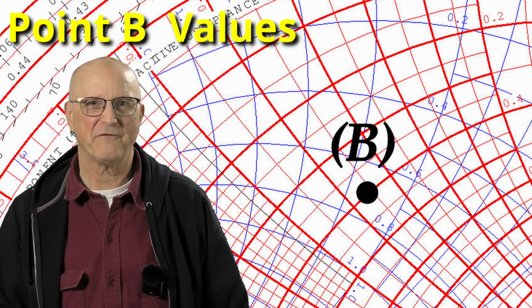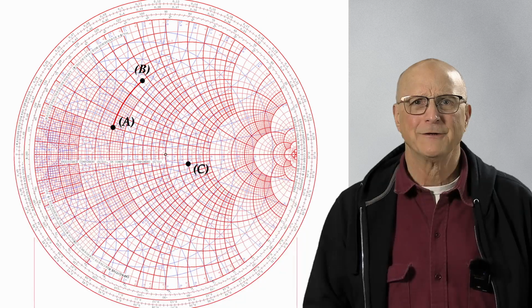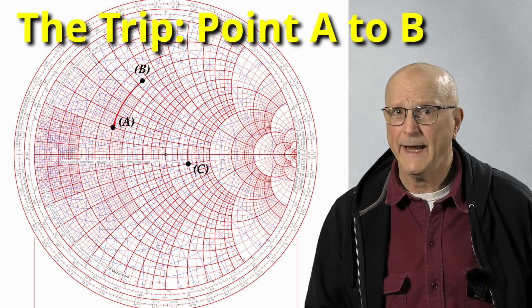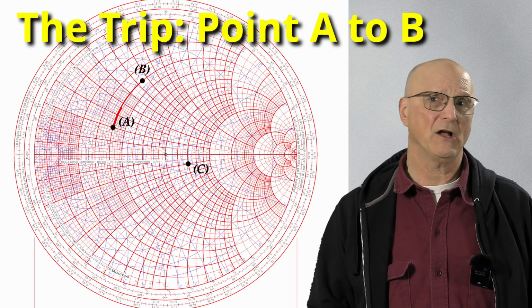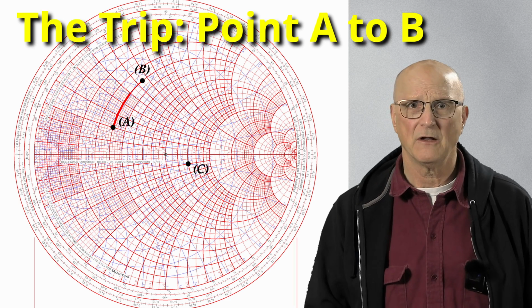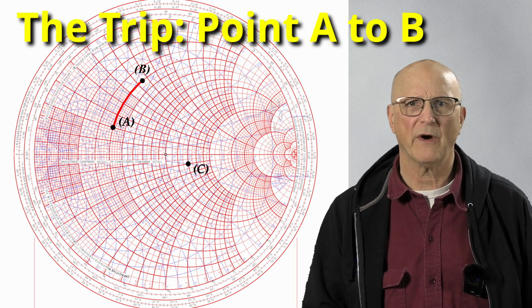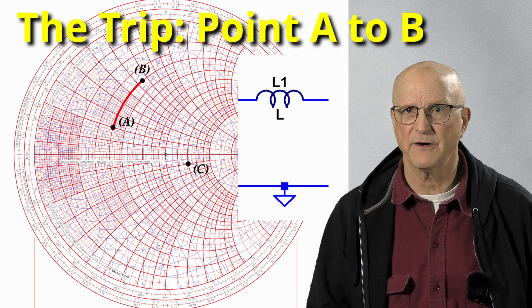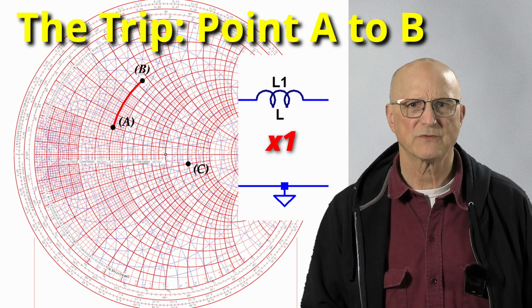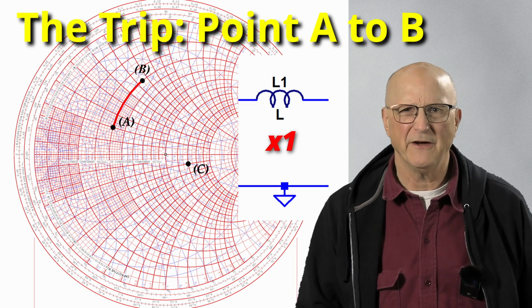Now, for the first part of our trip. We're moving from point A to point B in the clockwise direction along a constant resistance circle. This means that we're adding a series inductor. I will call this X1. So what is its value?